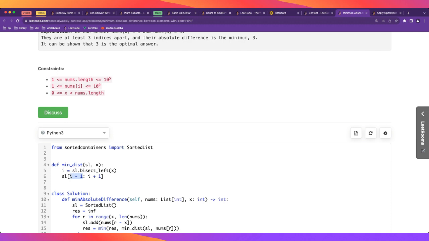But there is a catch because i could be 0. If the element is less than or equal to all the elements in the set, i would be 0. And in that case, this is going to be -1, which in Python is the last element. So that will result in a bug. So one way to deal with that is to do this, so that if we get -1, we're going to get 0.